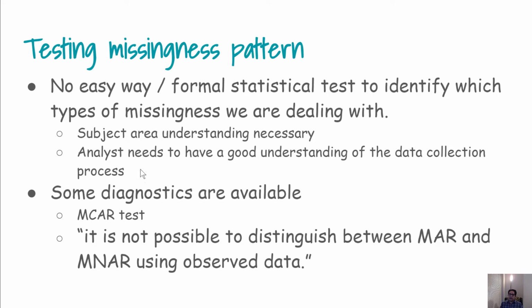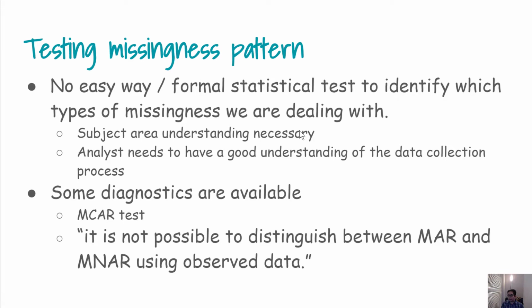So how do you really test? There are some formal tests for identifying the problems of missingness, but there are no easy ways to just say that yes, this is a problem versus no, this is not a problem. So this requires a lot of subject area understanding of why a variable's value can be missing.